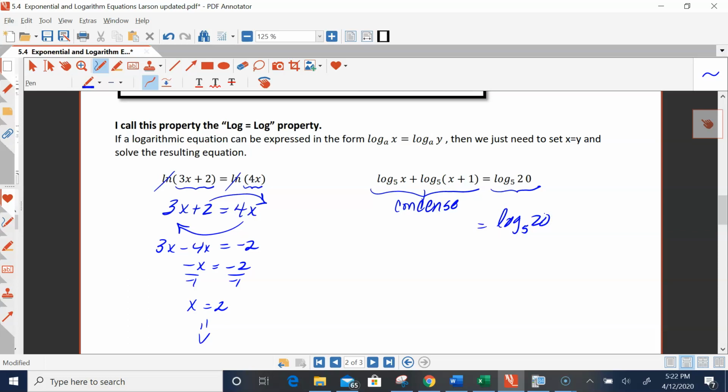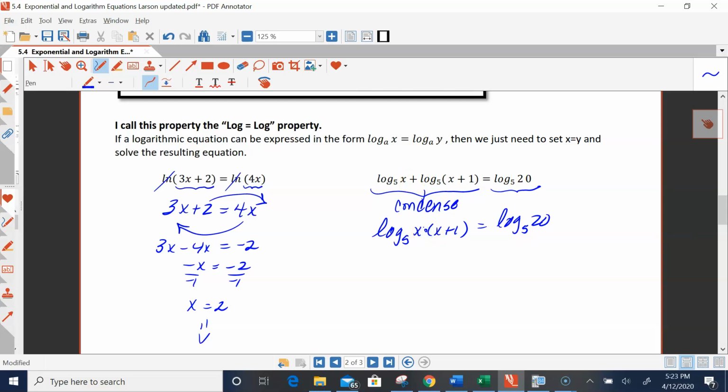Remember earlier from section 5.3, if I had two logs that were added, then I could combine those two logarithms using multiplication. So I can condense these two logarithms into log base 5 of x times x plus 1, multiplying those two arguments. Remember, addition turns into multiplication.